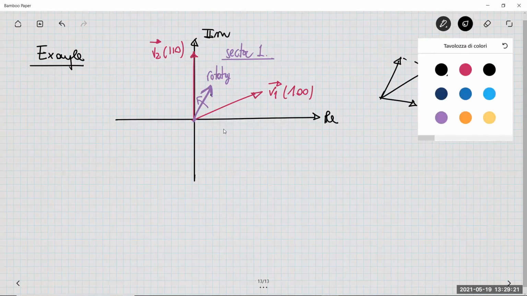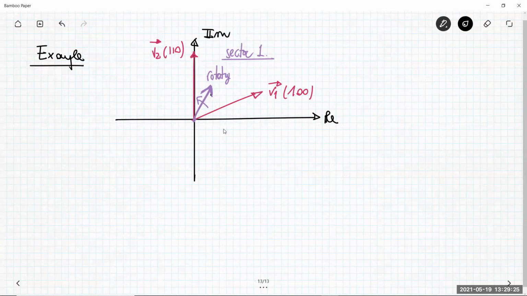So the main assumption made here, to be able to use the red fixed vectors to synthesize something which is rotating, is that the rotating vector has a velocity which is not so fast.